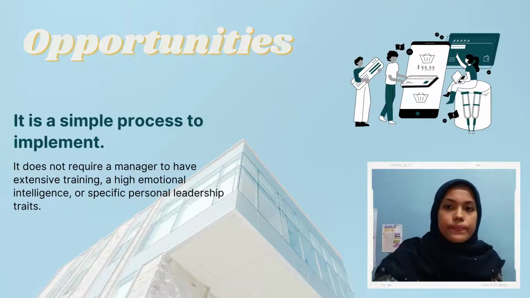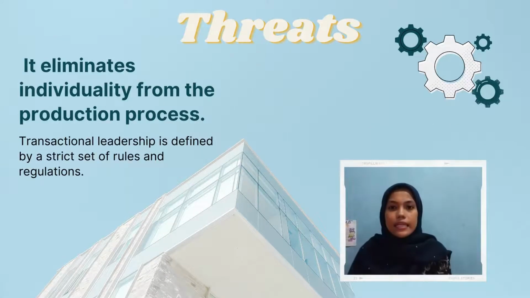It eliminates individuality from the production process. Transactional leadership is defined by a strict set of rules and regulations. There is no room to bend or break these rules for any reason. They are considered the best practice for the team to follow. People who come from a creative mindset struggle to produce under such a leadership structure because creativity is usually produced with freedom of movement.